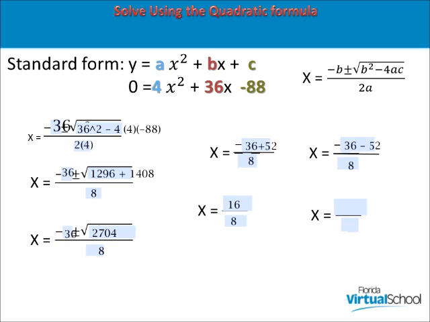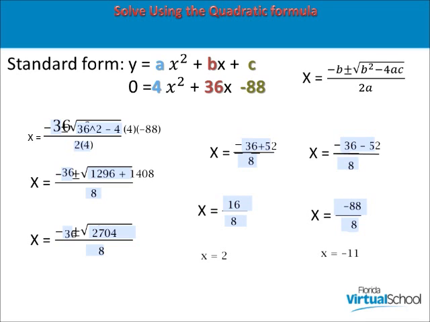And then our top over here is going to be a larger negative number because we have two negatives together. So we have negative 88. And then our bottom number here is going to be 8, just like it's been. So then we just evaluate our final two numbers. X equals 2 for that one, and X equals negative 11.